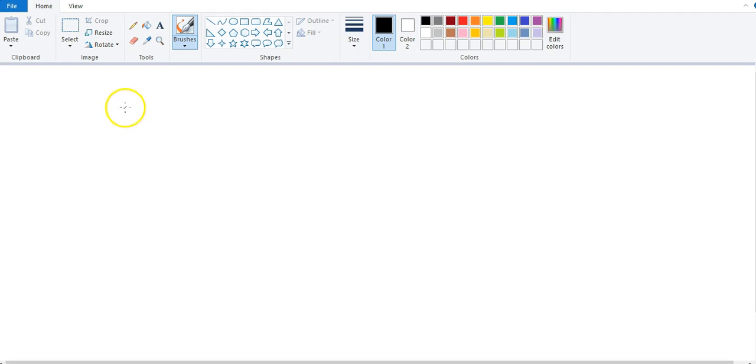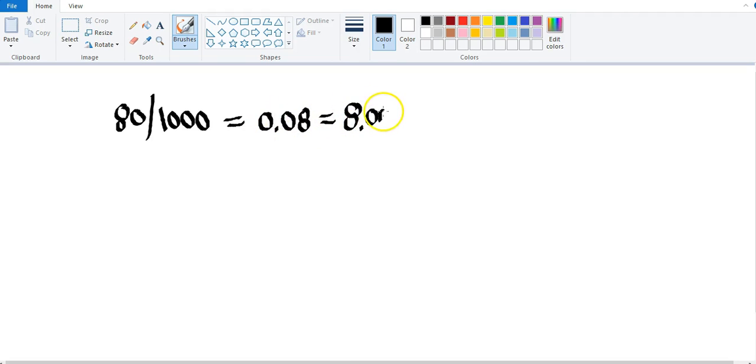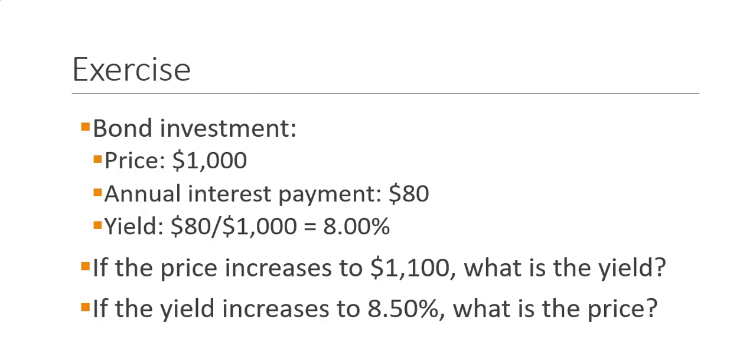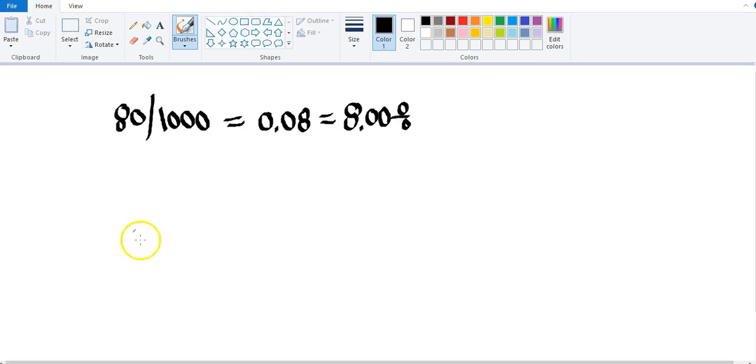And let's set up our original calculation. It was complete in the PowerPoint. 80 divided by 1,000 equals 0.08, which equals 8.00%. The first question is, if the price increases to 1,100, so we've changed one of the two numbers in this calculation. We're not changing the 80. We're changing the price to 1,100. So now we pay a slightly higher price for the same annual cash flow.